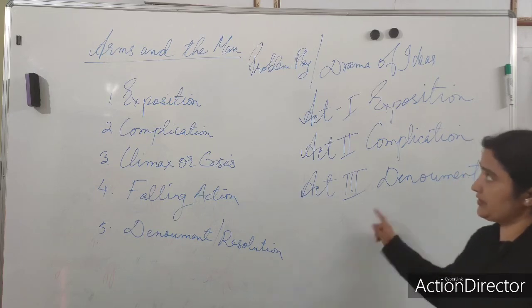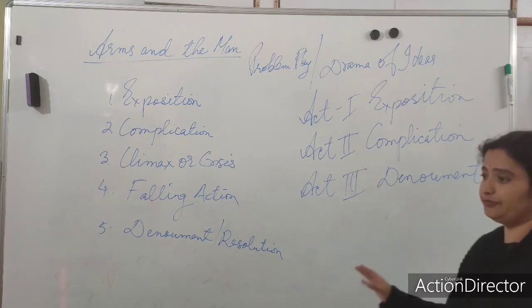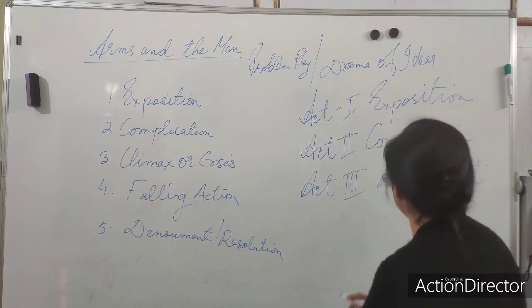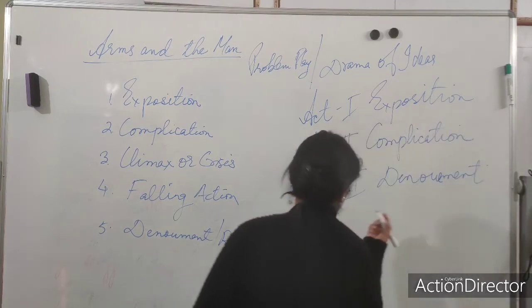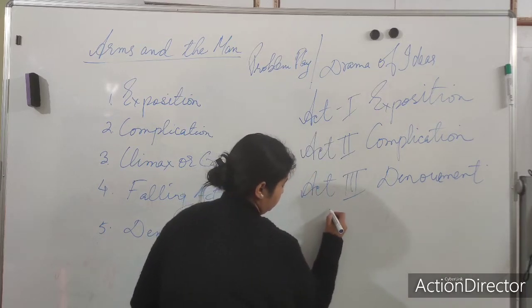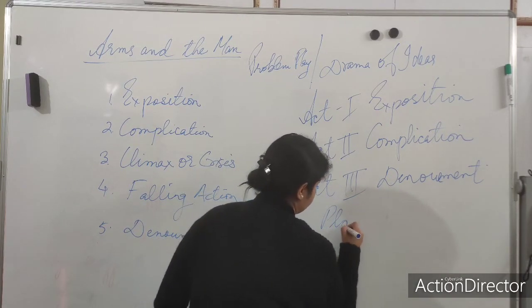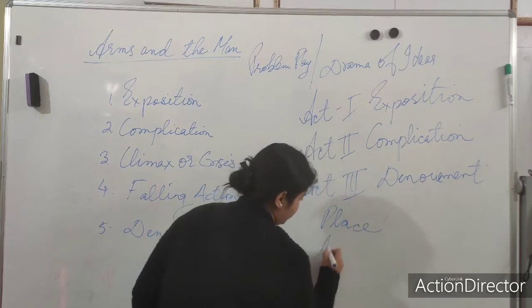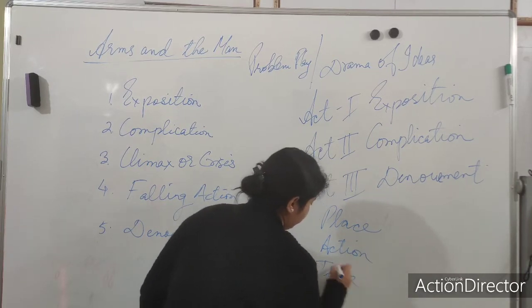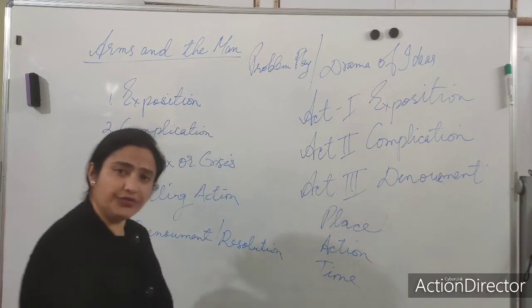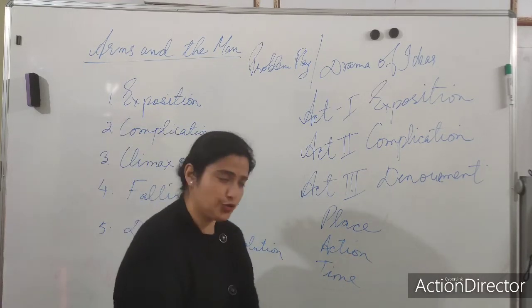Now, the next important aspect as far as the structure of the play is concerned are your unities. So, what are the 3 unities? Unity of place, unity of action, and unity of time. So when we write our answers, obviously we will say that all the three unities have been followed by G.B. Shaw.